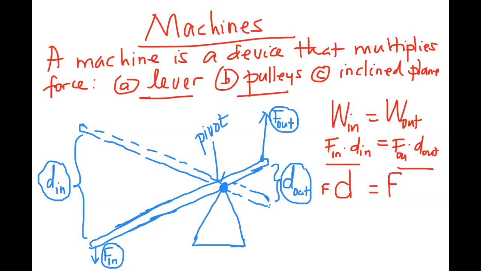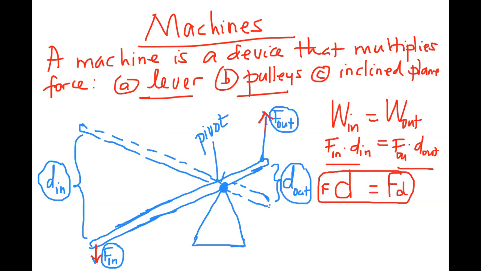I'm writing a big F here in a small distance. So this equation should remind you that indeed a machine multiplies input force. For a smaller force here, I get out a bigger force. So you can actually lift a large rock that you are unable to lift by yourself. By using a lever, a smaller input force here turns out to produce a large force output.